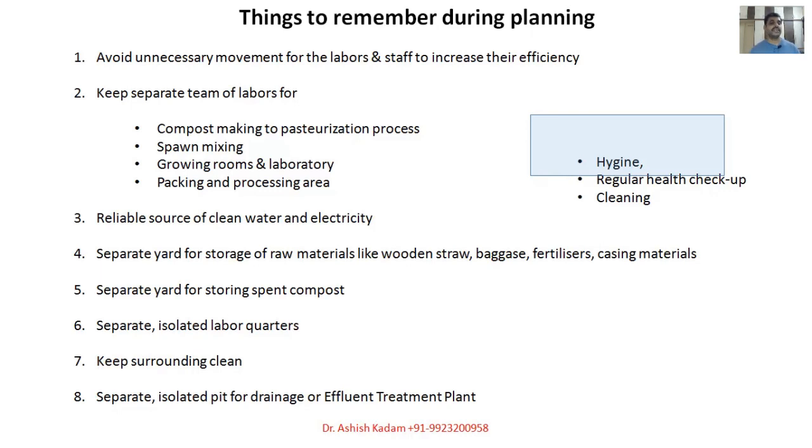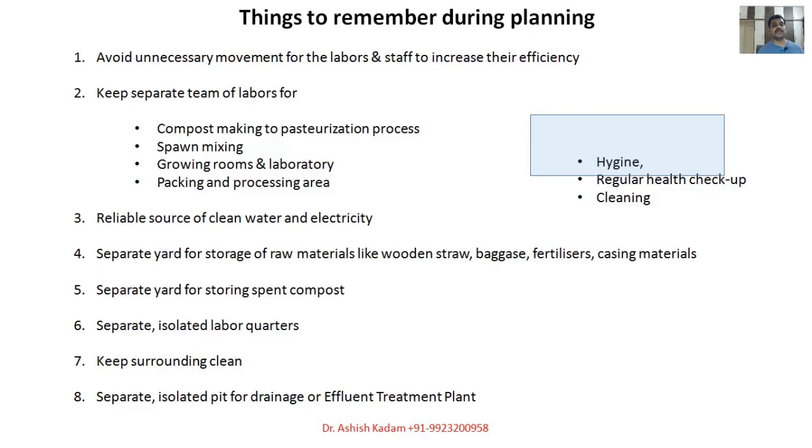Second point, keep separate teams of laborers for compost making to pasteurization, spawn mixing, growing rooms and laboratory, and packing and processing area. This is what we are proposing, that you should have separate teams. If your farm is small, we need to have the processes and the checks so that they will not cause contamination.